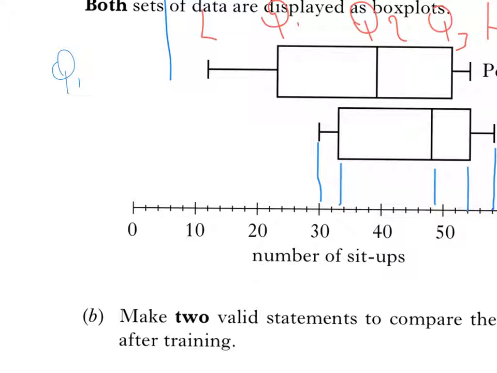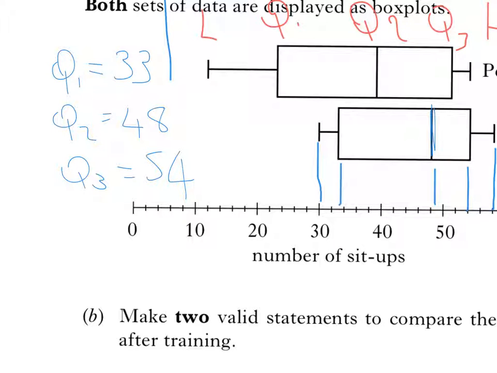So Q1 appears to be, from the diagram, approximately about halfway between 32 and 34, about 33. Q2, the median, is given by this line here, and that looks to be bang on 48. And Q3, we can see pretty clearly that is 54.